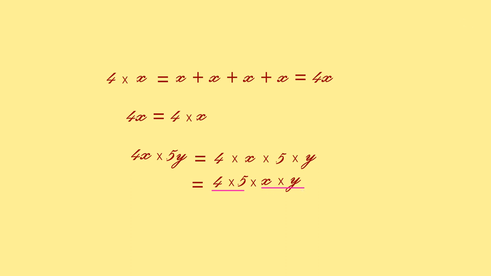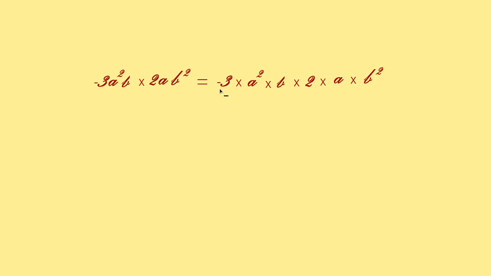This you can write as 4 into 5, 20 into x into y. X into y you can write as xy. So we can write this as 20xy. That is, 4x into 5y is 20xy.